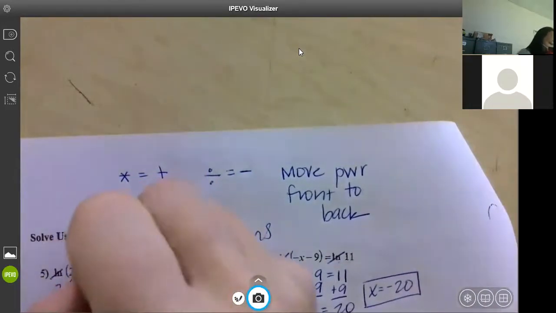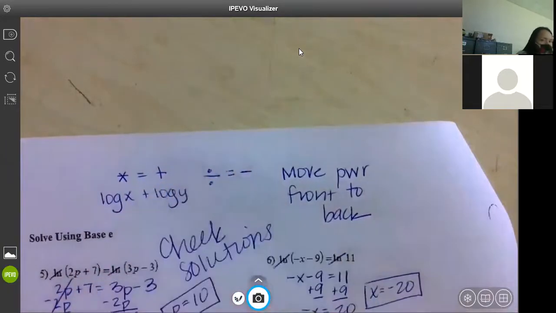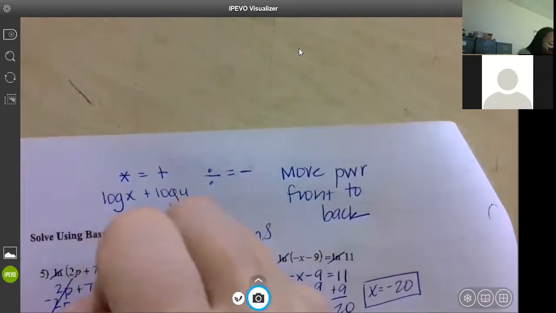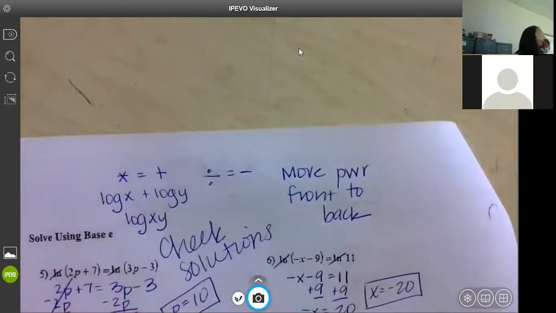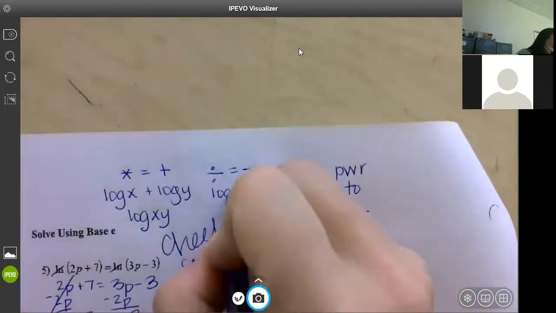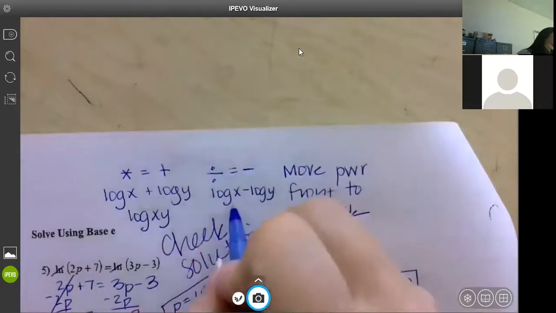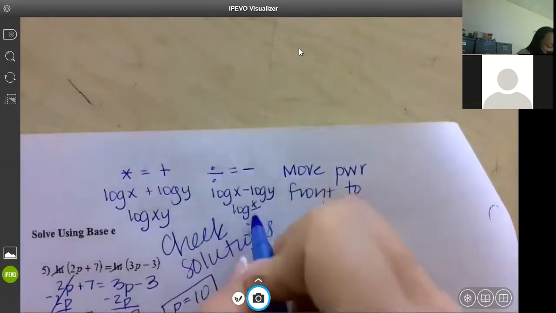So remember, if we had log x plus log y, we could change it to log xy. Okay, remember those powers. If we had log x minus log y, we would change it to log x over y.